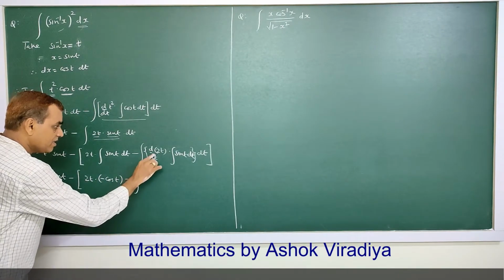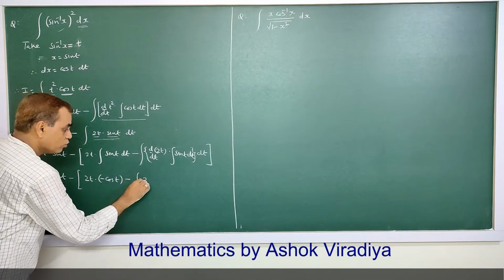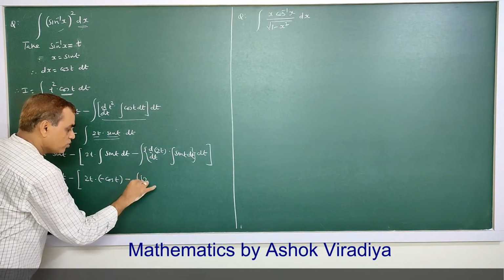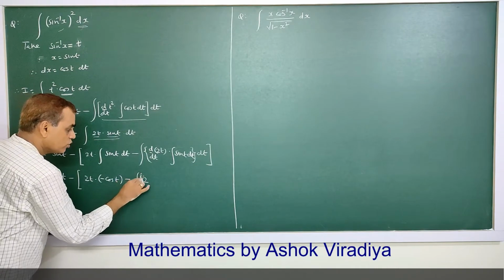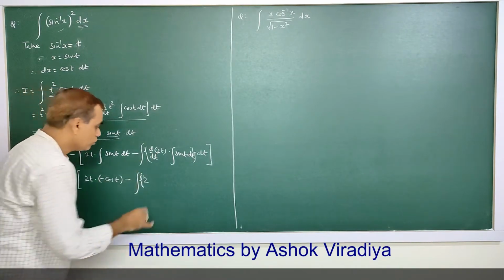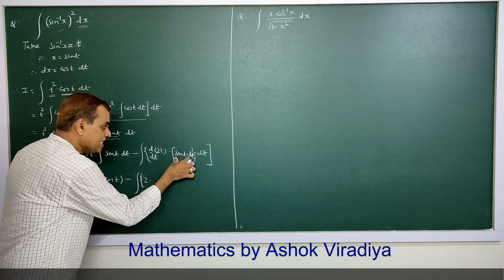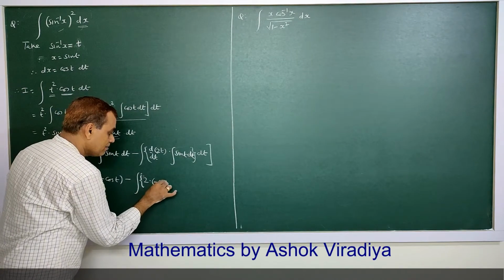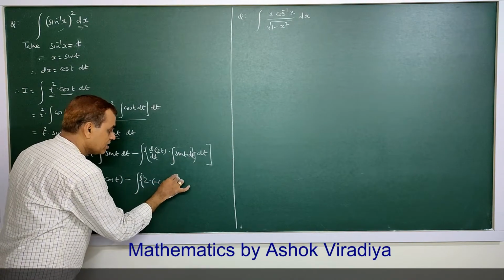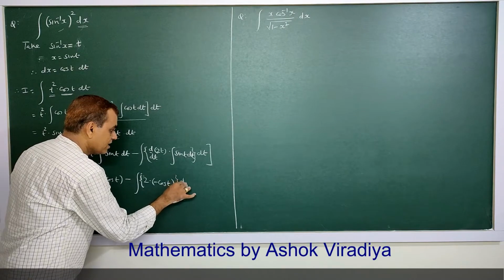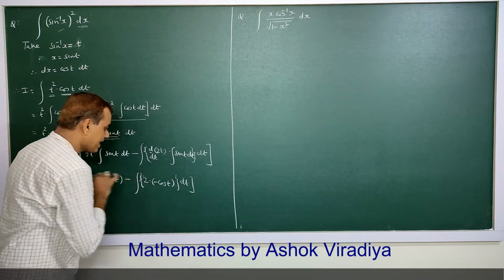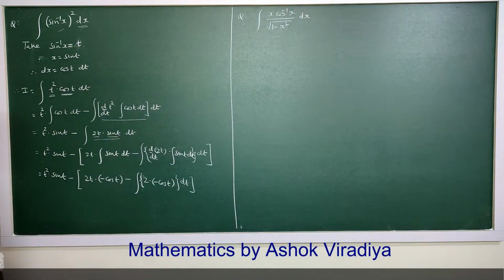minus, here derivative is 2, into integral of sin t, which is minus cos t, close this box, dt, close main bracket for the second term.